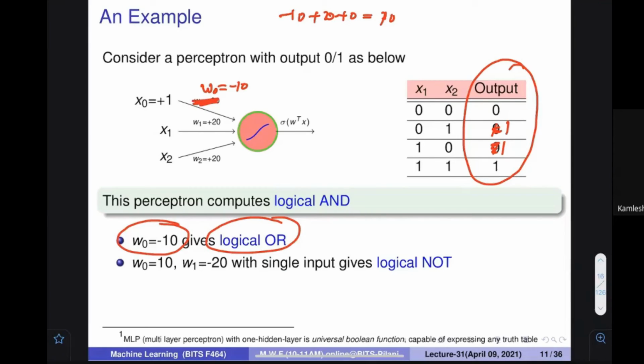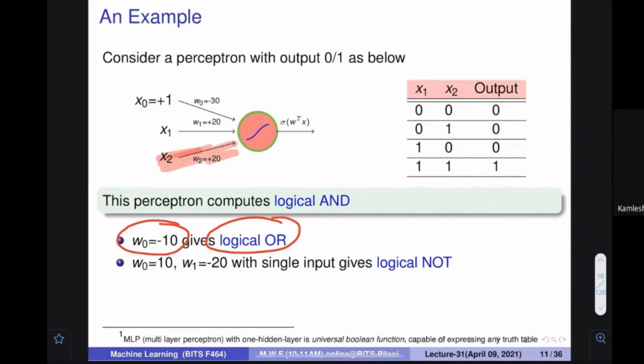Similarly, if there is only one input, say this one is not available, W2 is not there and only W1 is there, and I say that W0 is equal to 10 and W1 is equal to minus 20, what would happen?